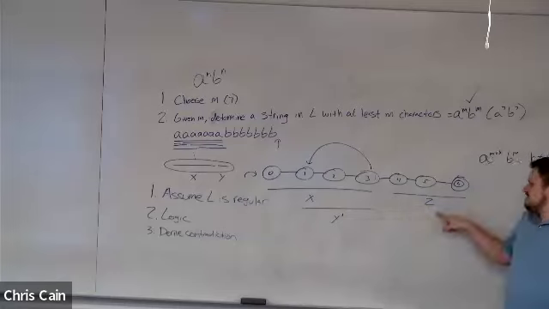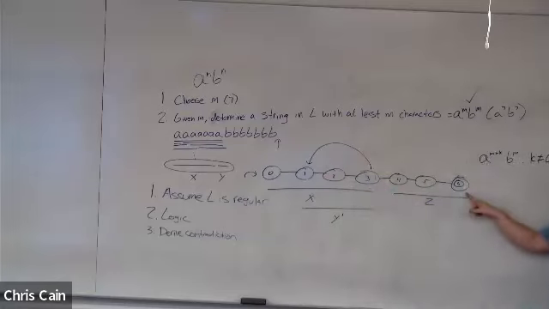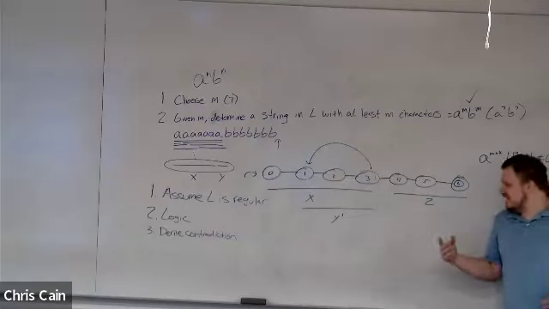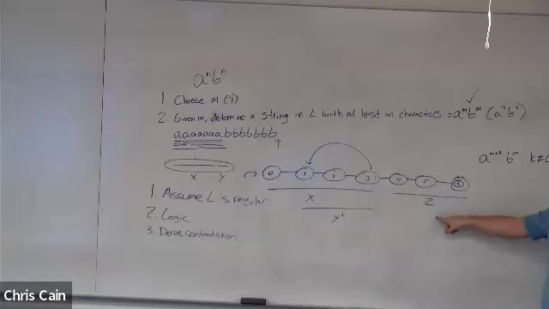X, Y squared Z would say get to the loop, iterate the loop again, and then get to the final state. But every construction of a string in the language is X, Y to the I, Z for some I of 0 or greater.